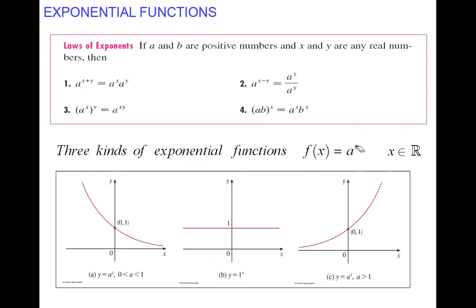Domain for any exponential function is all of the real numbers, because I can take a to the power of any number. However, taking a to the power of any number will give me some restriction on a, because x, for example, could be 1/2. 1/2 means the square root of a. Right?